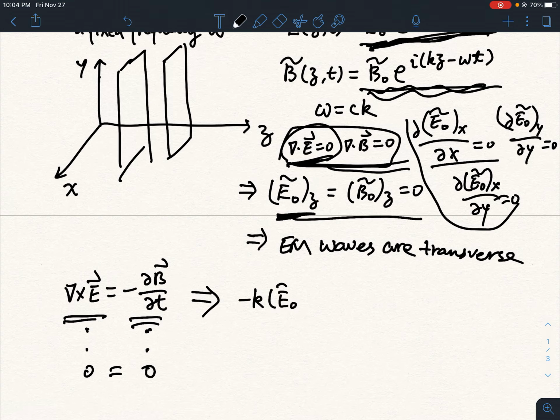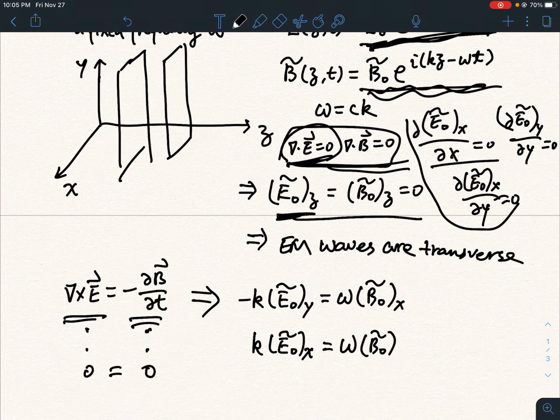E0. The y component of the electric field equals omega times the x component of the magnetic field. And the same thing: K times E0, the electric field x component, equals omega times the magnetic field y component.